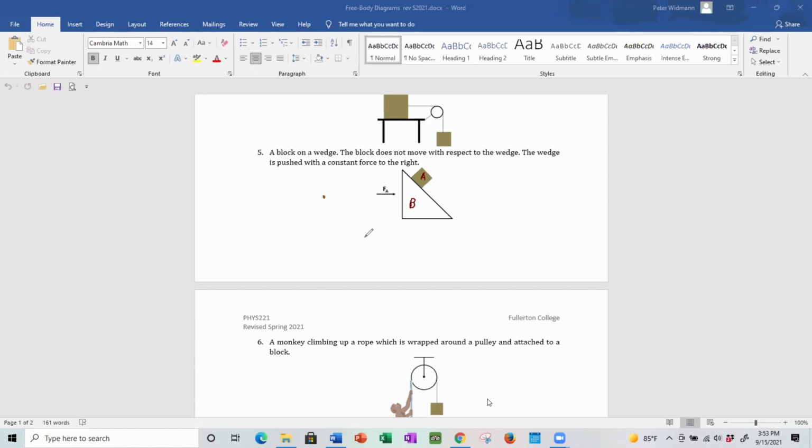That's okay. Don't worry about it being at a funny angle. It's hard to draw with the mouse. Okay, that's better. Okay, good.